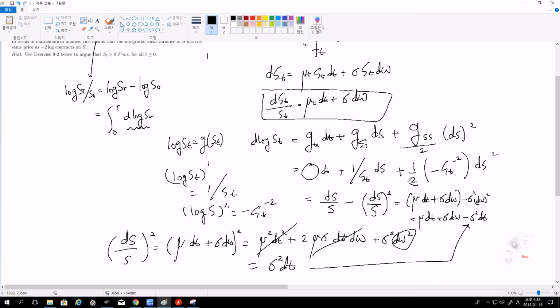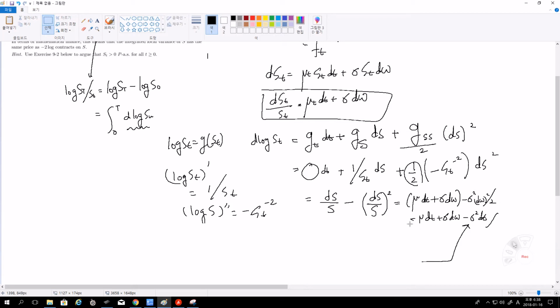Actually we have divided by half, right? So, let me clean up and write it down in a cleaner way. Now let's delete this part.